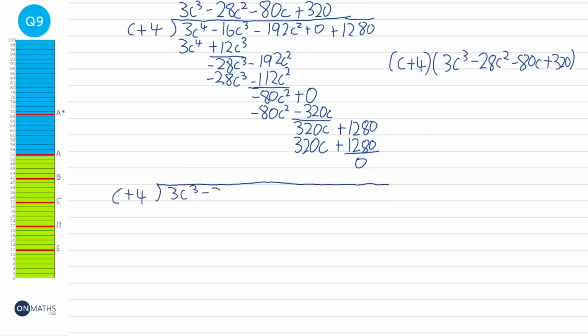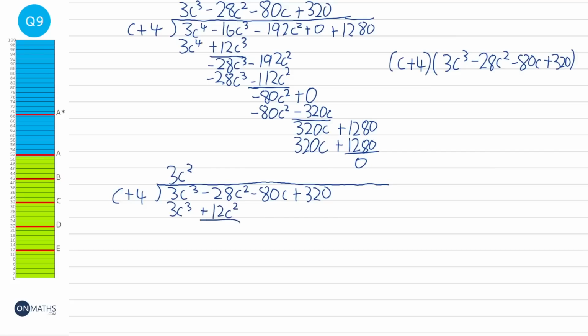So I'm going to just write in the expression that we found in the last part of working out. And we're going to do the same as we did before. We're going to divide the c out, so we're going to have to have 3c squared, and then times it by the c plus 4, so that would be 3c cubed plus 12c squared.